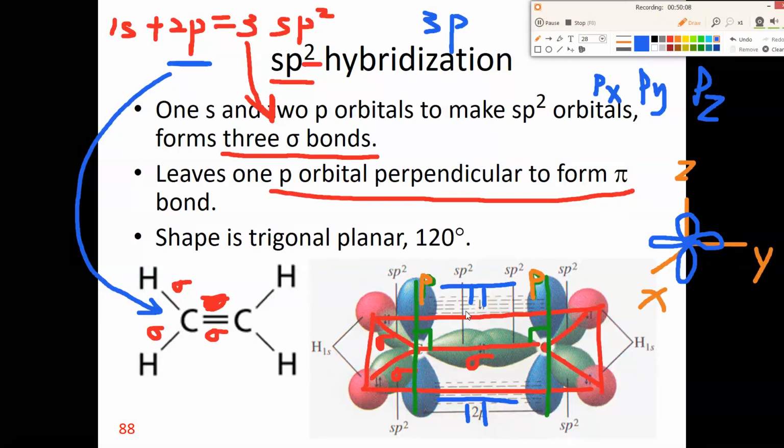Remember we talked about the pi bond earlier. If you forgot, a pi bond is one molecule's p orbital and another molecule's p orbital overlapping shoulder to shoulder. It's not head to head like the sigma bond. The pi bond is shoulder to shoulder, with this orientation.